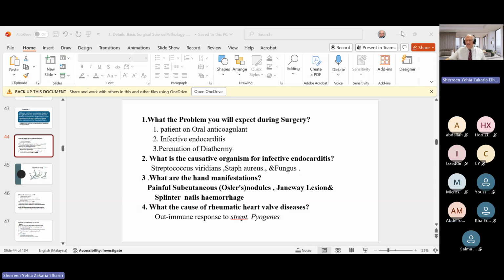No, it is a risk factor for infective endocarditis, not rheumatic heart. Infective endocarditis can occur in congenital heart disease, rheumatic heart disease, or bicuspid aortic valve. These are the causes of infective endocarditis, but not the causes of rheumatic heart.